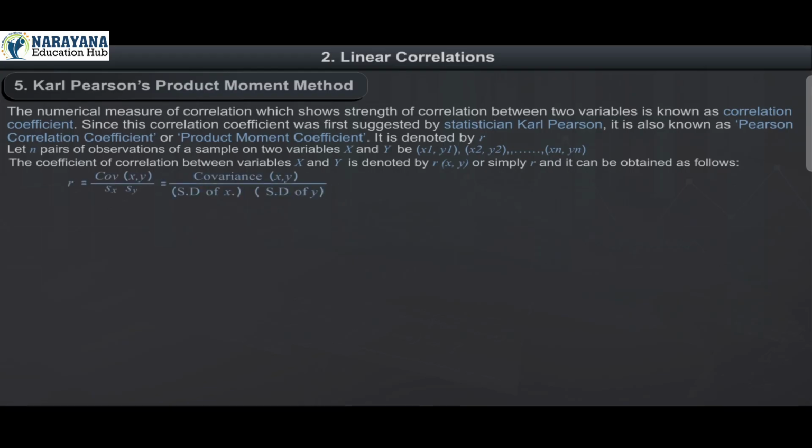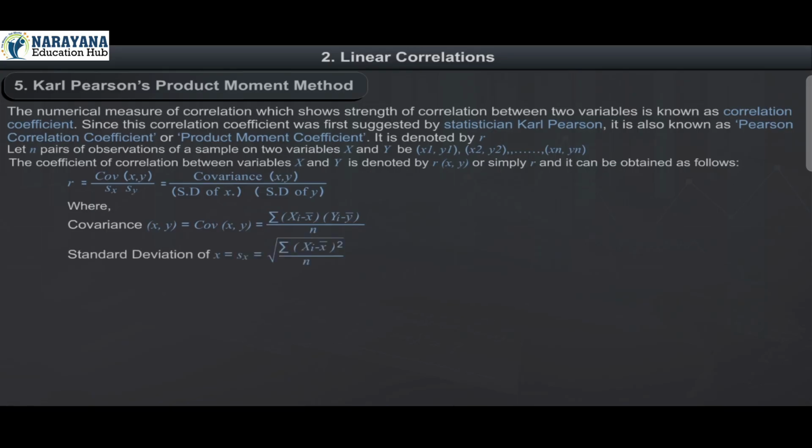R is equal to covariance xy divided by Sx Sy, which is equal to covariance xy divided by standard deviation of x into standard deviation of y, where covariance xy is equal to sigma (xi minus x bar) into (yi minus y bar) divided by n.